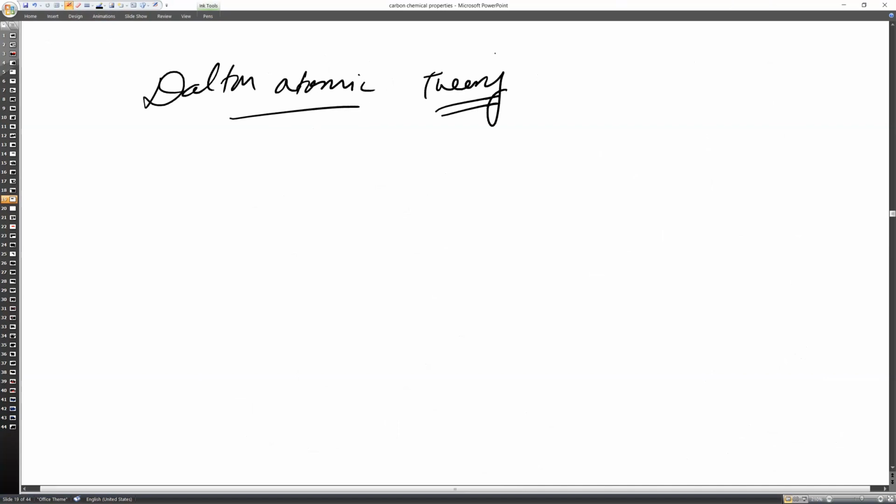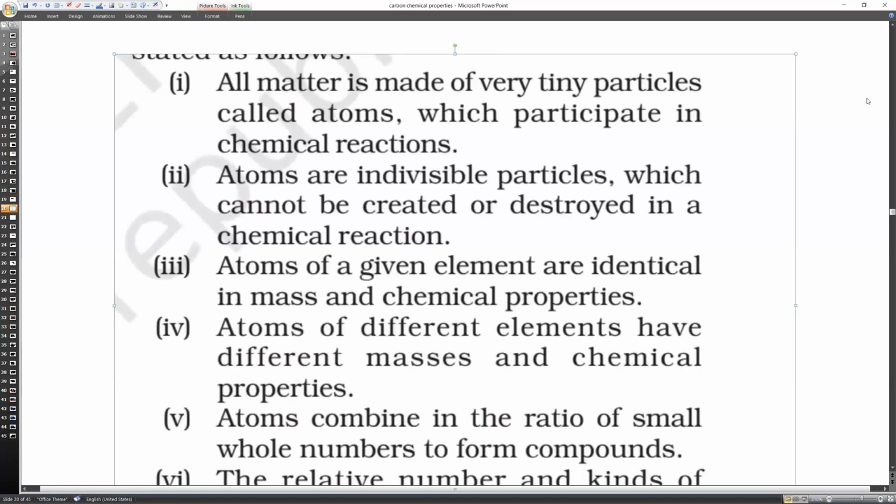Let me have the Dalton atomic theory on the screen. So this is the Dalton atomic theory, okay? This is on your screen.